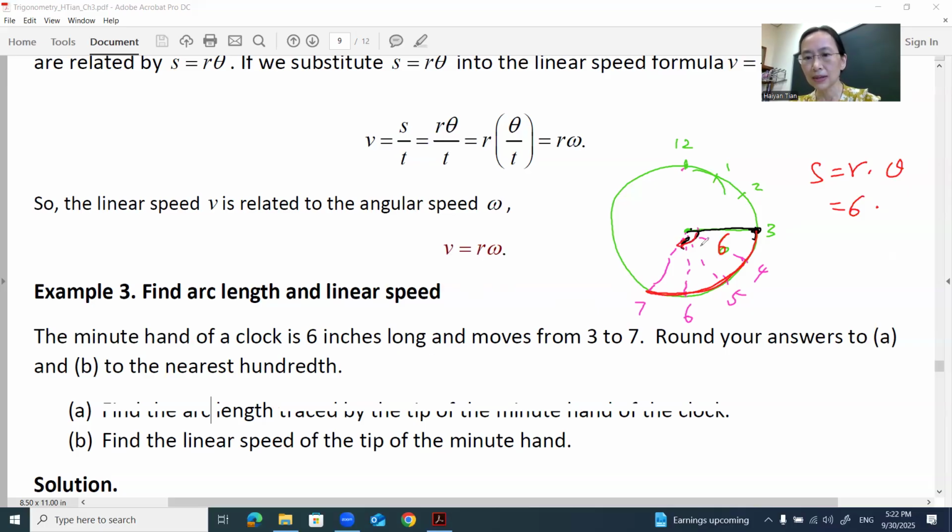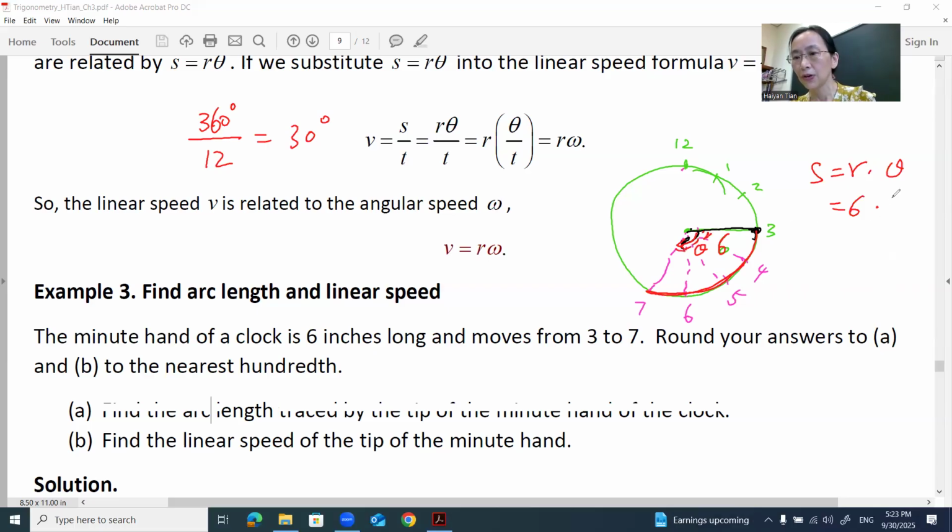So what is the theta in radians? Oh, we see how many 30 degrees, right? Because a complete rotation is 360 and we divide into 12 portions. So each part is 30 degrees. So this one is 30, 30, 30, 30.